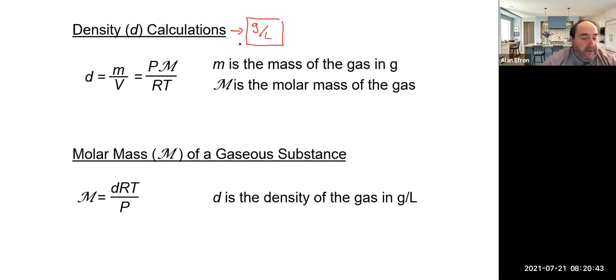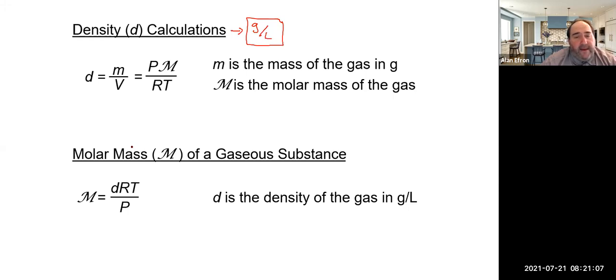So that's a very common unit for density. And that would equal the pressure times the molar mass, which is what the big M is, divided by RT. We would use that formula to calculate the density of a gas.